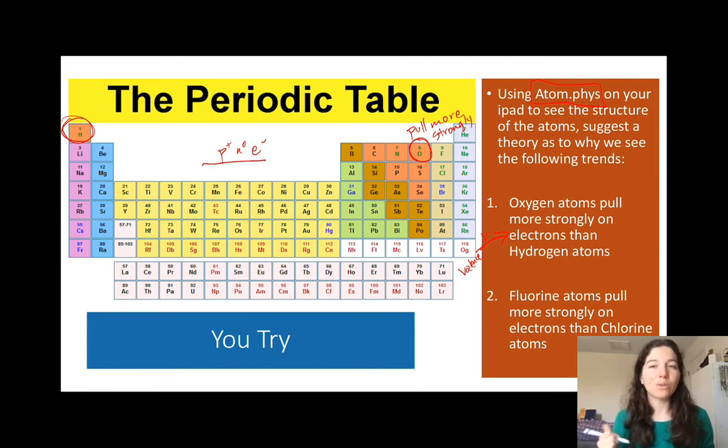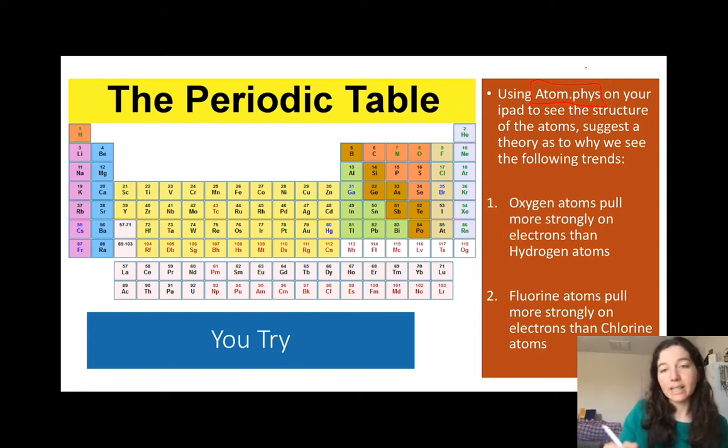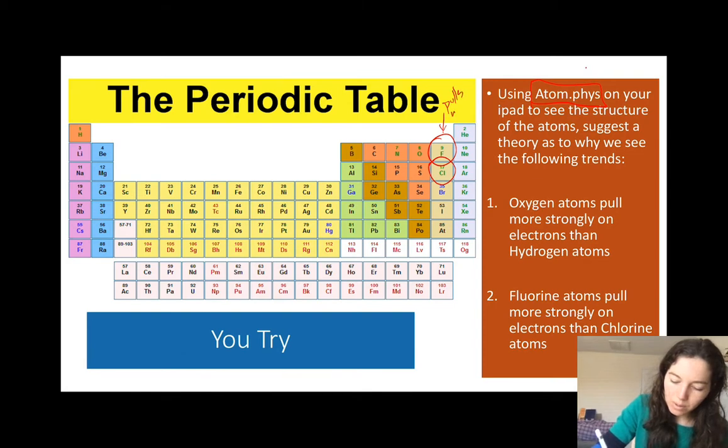Okay, so let's also do that for fluorine and chlorine, because there's another trend here we're going to talk about in a little bit, and I want you to think about it first. So let's take a look at fluorine and chlorine here. So fluorine pulls more strongly, I don't even know if that's a word, on valence electrons.